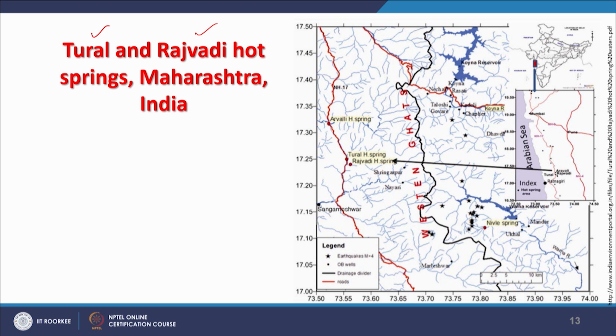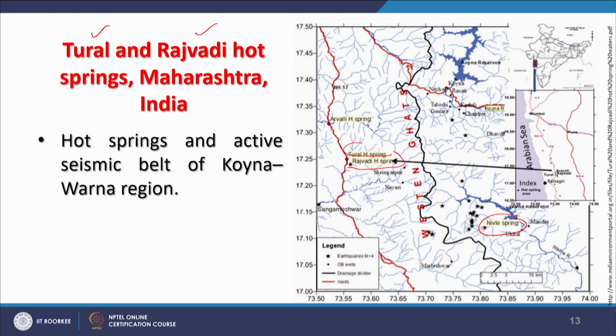But the water through the faults goes deep in the crust, and then comes back and creates hot springs. So, these are the locations of hot springs in part of Maharashtra, Nevel, and then also the Tural, and nearby you also have Rajwadi and Aravali hot springs.